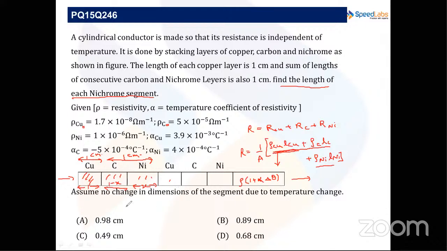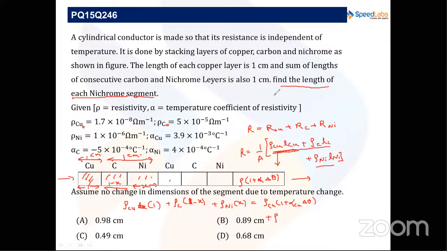So you will write the original thing, which is rho copper, length of copper, which is obviously 1, plus rho of carbon into length 1 minus x, plus resistivity of nichrome into length x, is equal to rho copper times 1 plus alpha copper delta theta, plus rho into length also. Length will change?